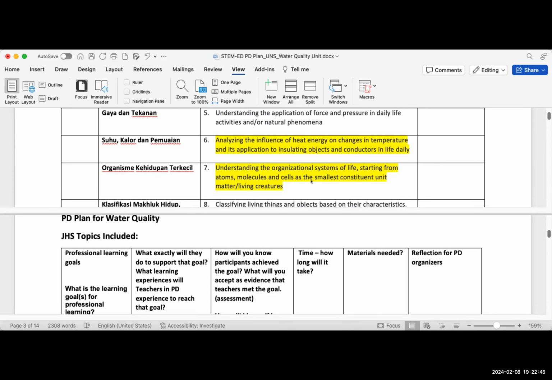There are many industries here, and our water quality is polluted, actually always polluted with waste from the batik industry. So we are thinking to put that issue into a story, or to introduce the students to the experience of the water quality phenomena.